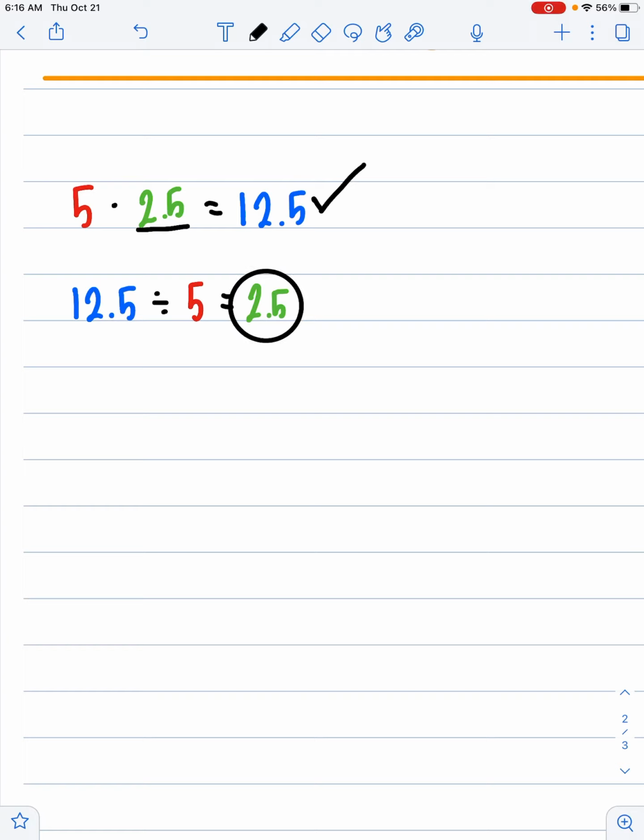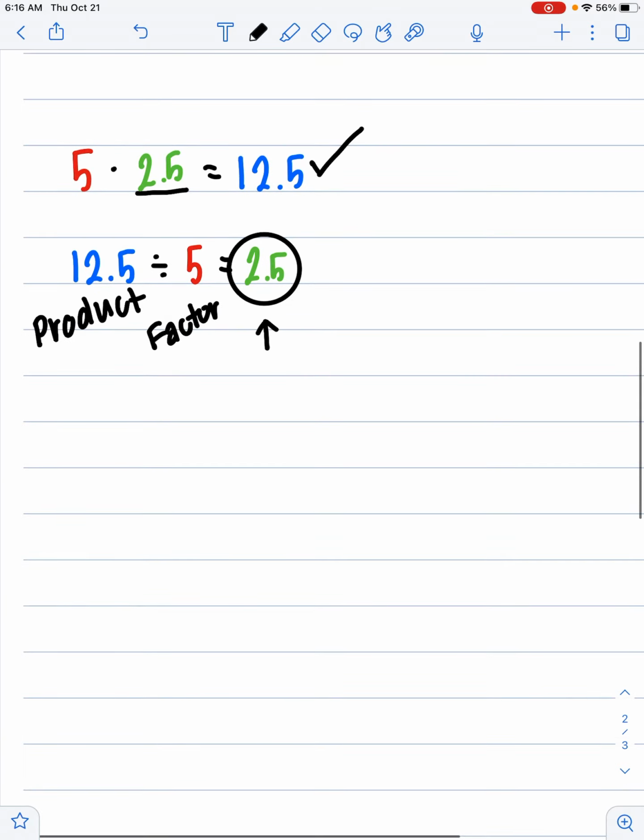So I'm simply dividing the product I know by the factor I know, and that will tell me what the missing factor is. So let's try a few more problems. If you know 7 times some missing number is equal to 23.5, go ahead and write the division sentence on your paper that would find you the missing number.